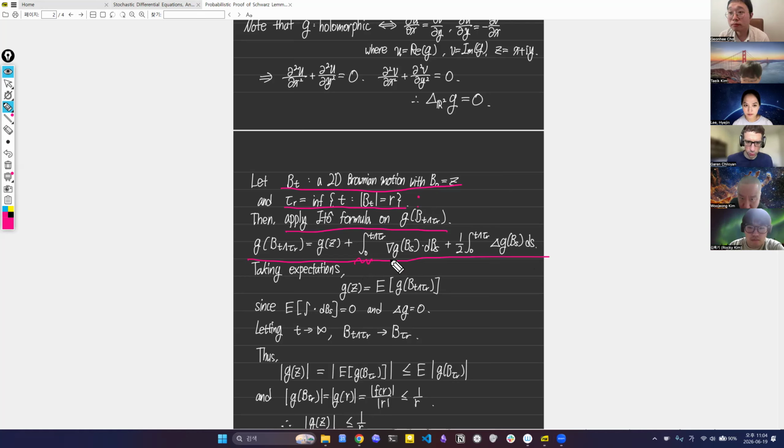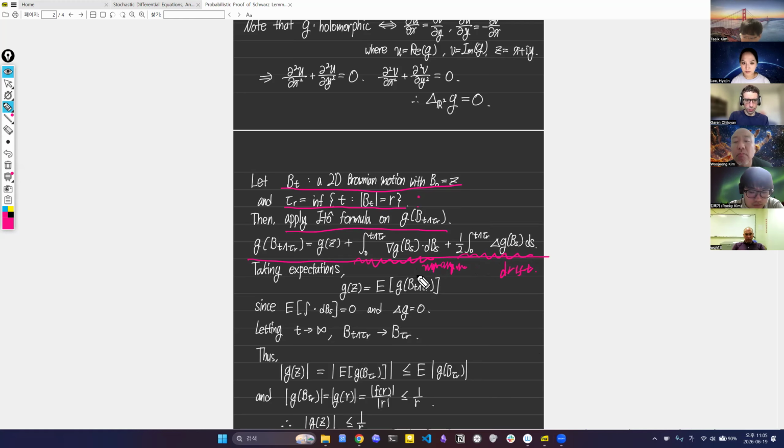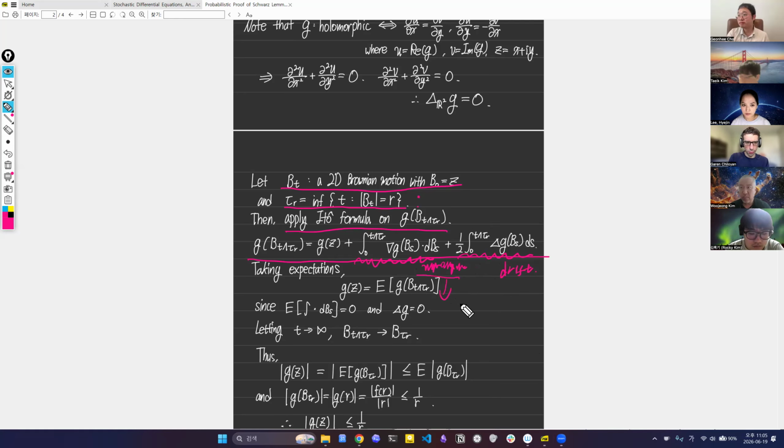We say the second term is the martingale part. We will meet it frequently. The expectation of the second term will be 0.